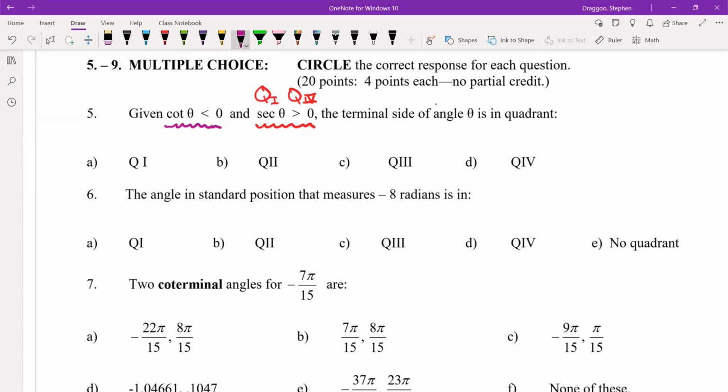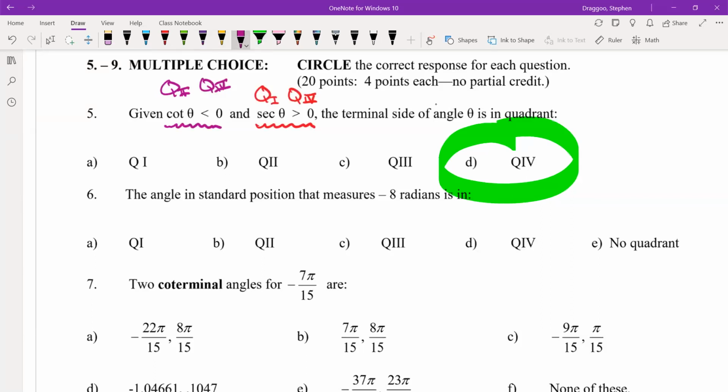Wherever tangent is negative, cotangent is also negative, which will be in quadrants 2 and 4. Then I just need the quadrant where those two things overlap, which is quadrant 4. Let me actually write that a little bit more cleanly. Quadrant 4. There we go.